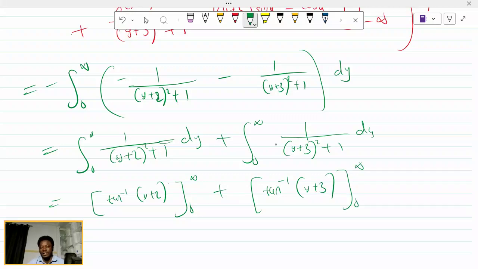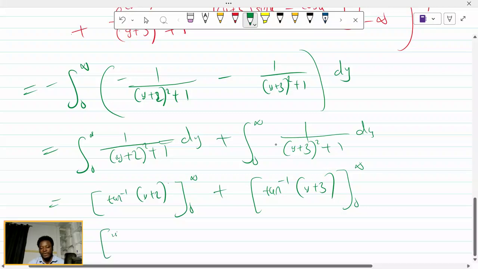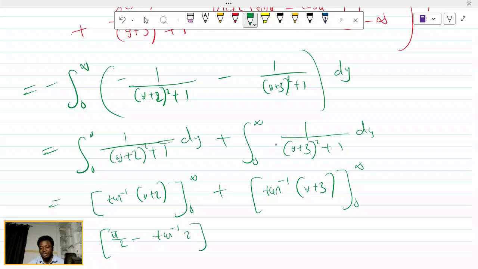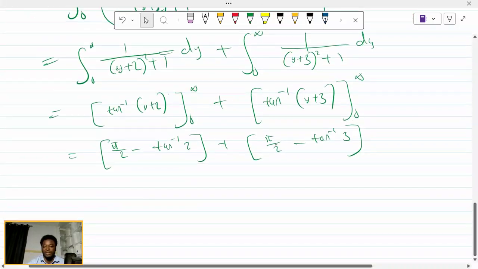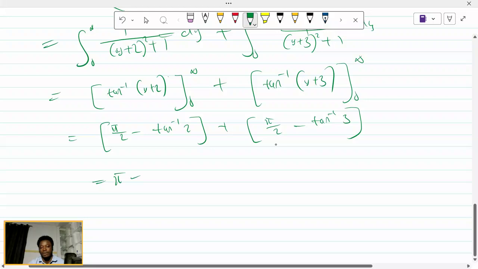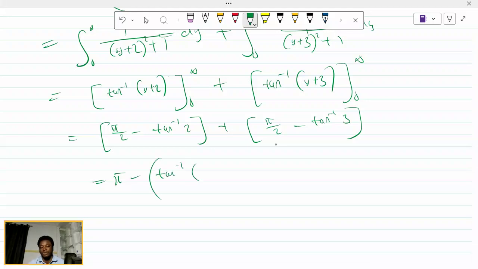So you would have pi over 2 minus tan inverse of 2, then plus pi over 2 minus tan inverse of 3. So when all is said and done, you have pi minus tan inverse of 2 plus tan inverse of 3.